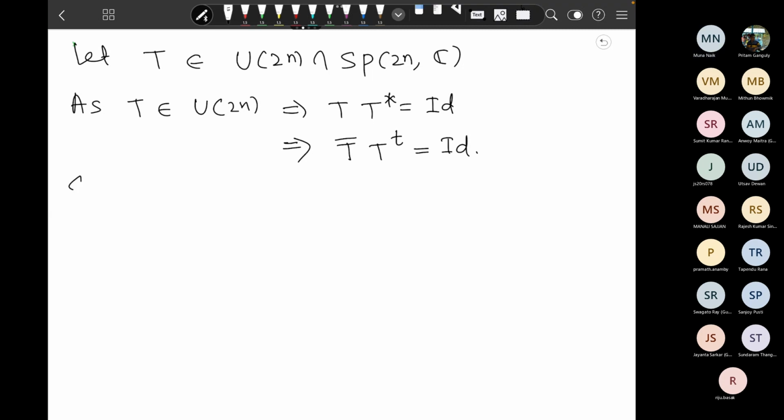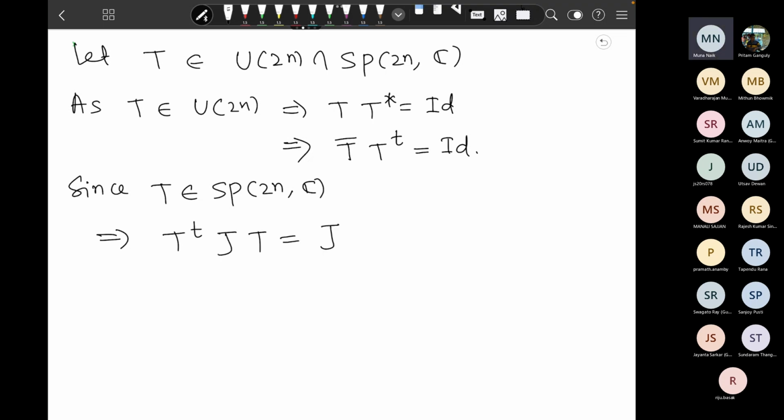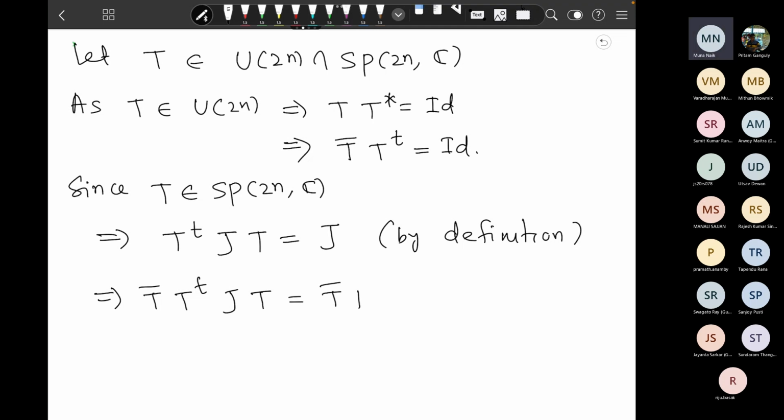Now since T belongs to Sp2nC, this implies T transpose JT is equal to J by definition. So I will multiply T bar on both sides: T bar T transpose JT, and T bar J. But T bar T transpose is identity, so I will use that. So I will get JT is equal to T bar J.